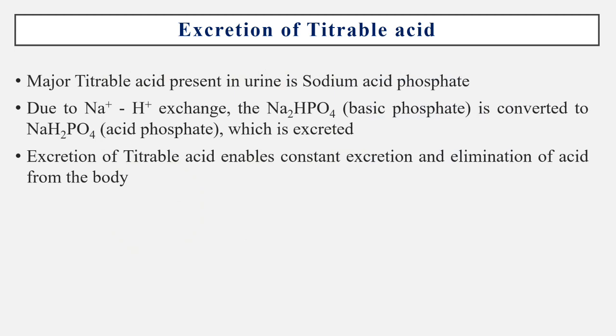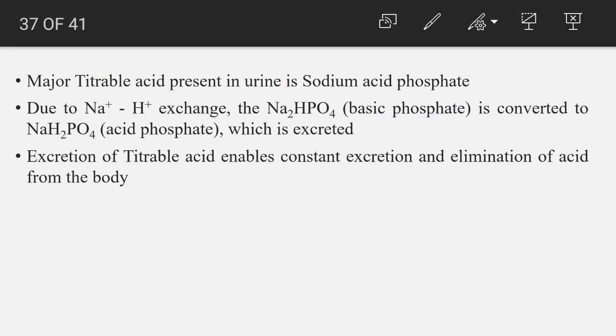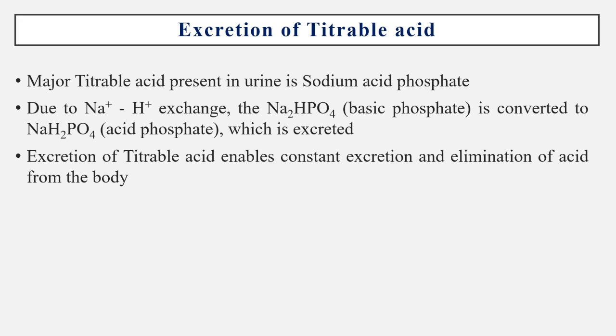Due to sodium and hydrogen ion exchange, disodium hydrogen phosphate, which is the basic phosphate, converts to acidic phosphate, that means sodium dihydrogen phosphate, which is excreted in urine. The excretion of titratable acid enables constant excretion and elimination of acid from the body.